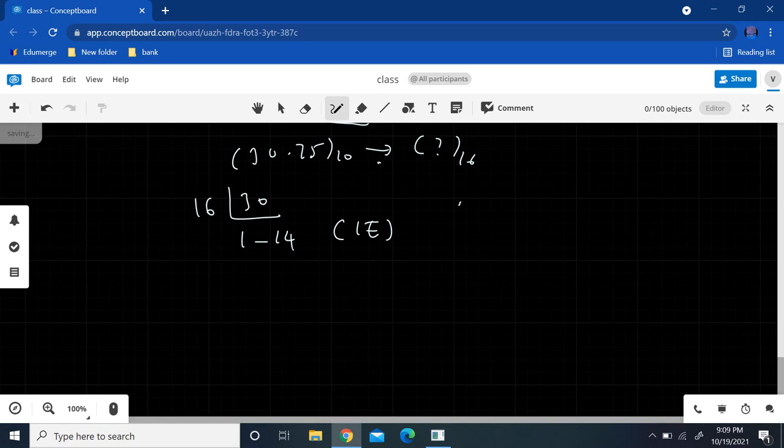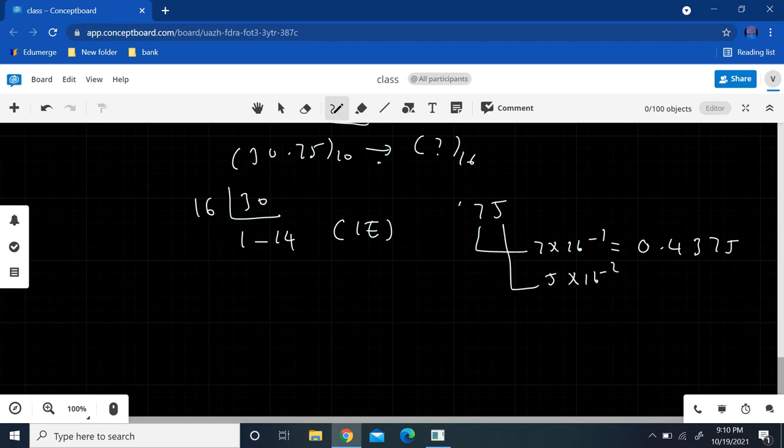And for the .75, how are we going to do it? That is 7 into 16 to the power minus 1, which gives you .4375, and 5 into 16 to the power minus 2, that is 5 divided by 256.